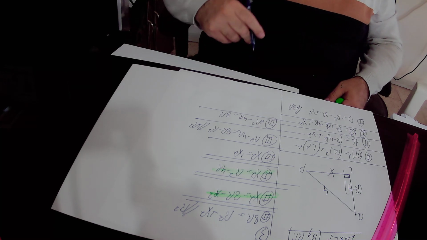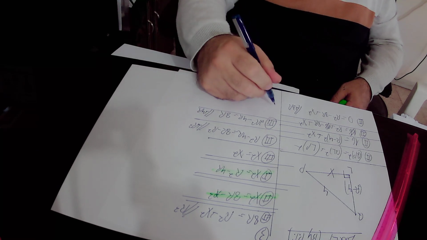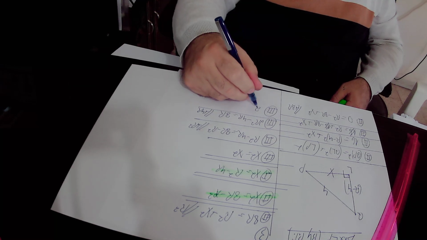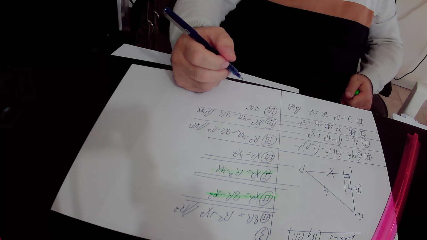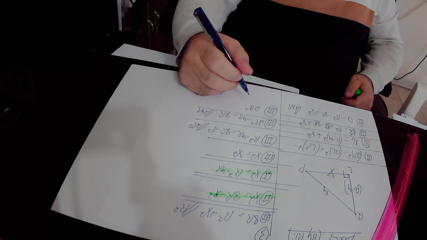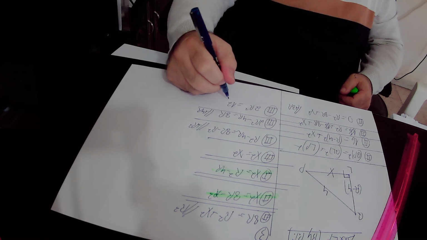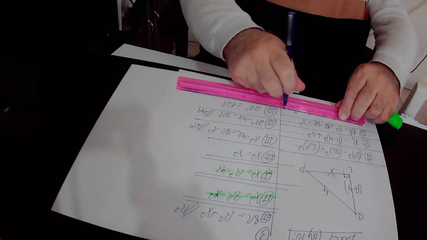So here we will add 4R to equation number 3, and we get 2R squared, 4R minus 4R is 0, and 8R plus 4R is 12R. So according to equation number 3, 2R squared equals 12R.